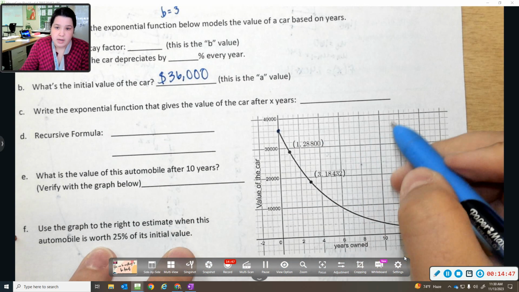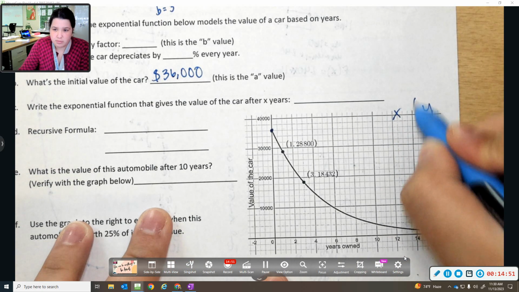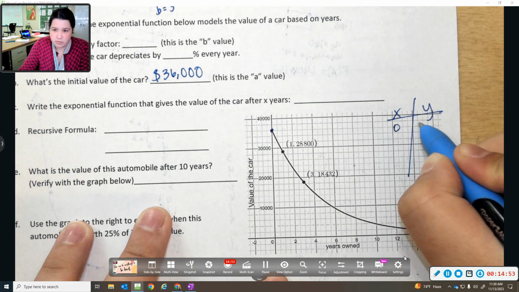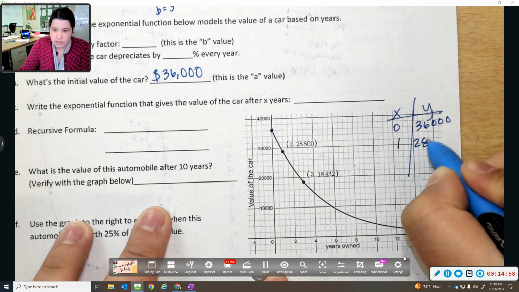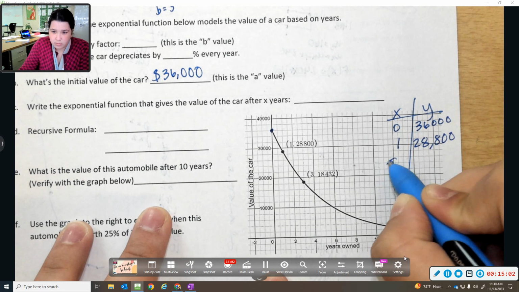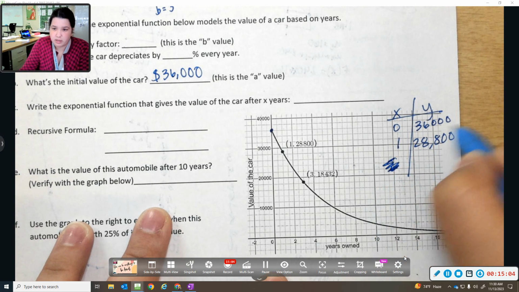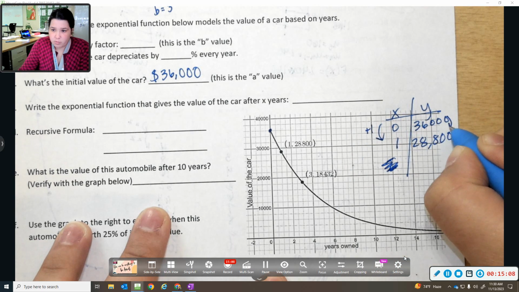Okay. Now, let's see what it is that we're decaying by. So if I set up my table, I have 0, 36,000, 1, 28,800. That's enough. I could keep going, but it's going by 1. Let's figure out what we're multiplying by.